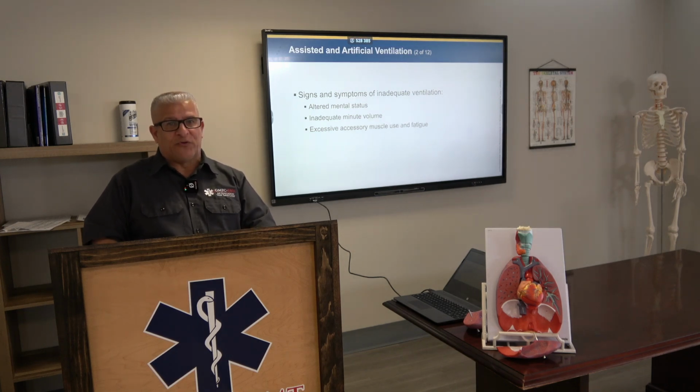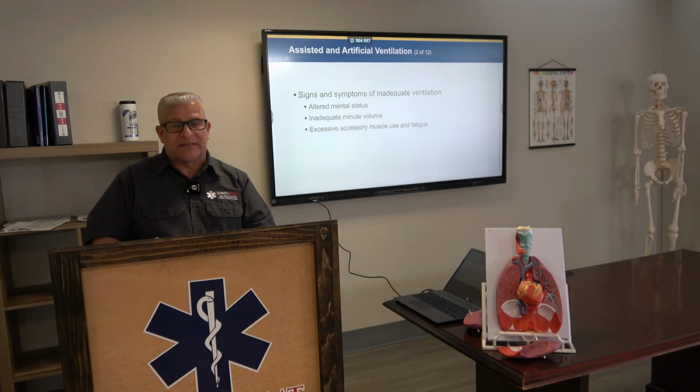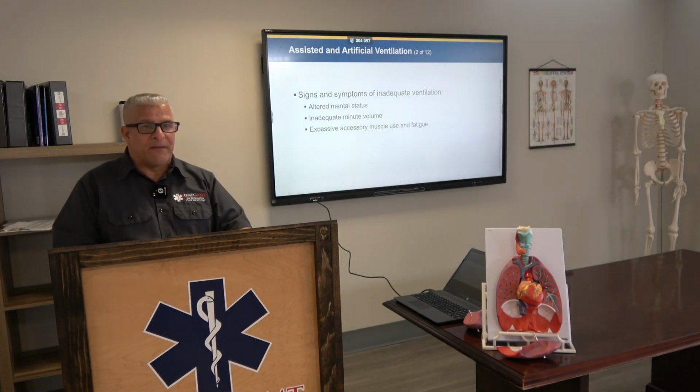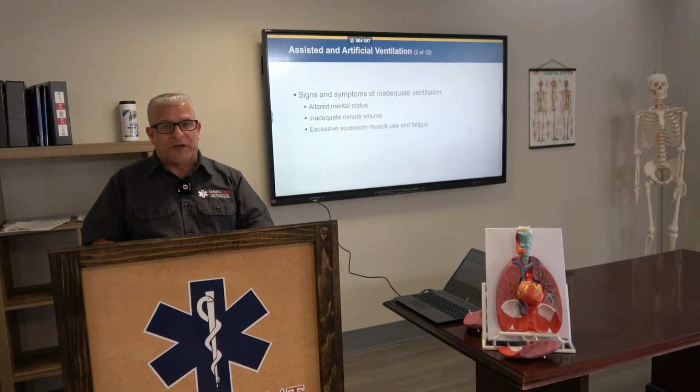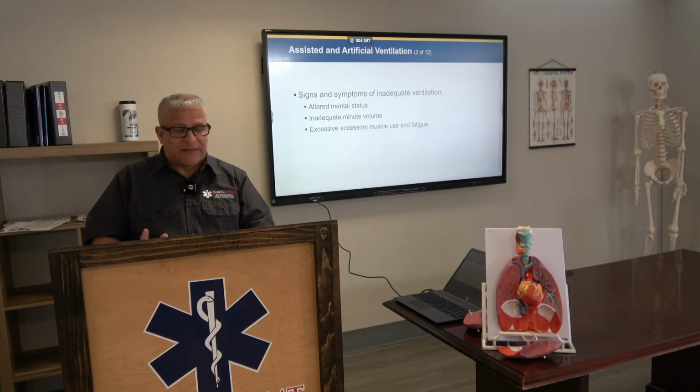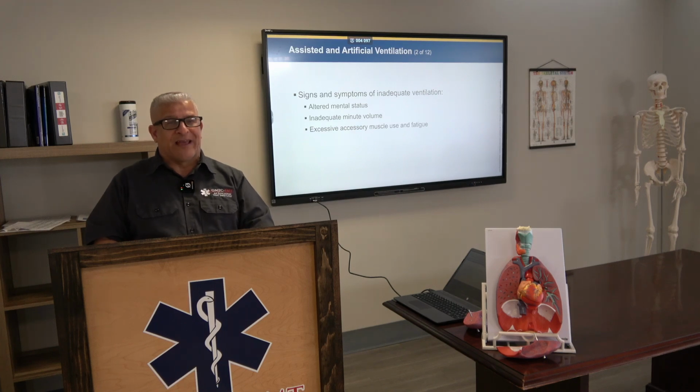That is going to tell us about the tidal volume. Are they breathing adequately? Is the rate between 12 and 20? For quality, do I have good skin color? Is there any cyanosis? Do I have a good, clear mental status? Do I have clear lung sounds? Do I have good rise and fall of the chest? Are all the components of the respirations really working? Then we look at the rhythm.